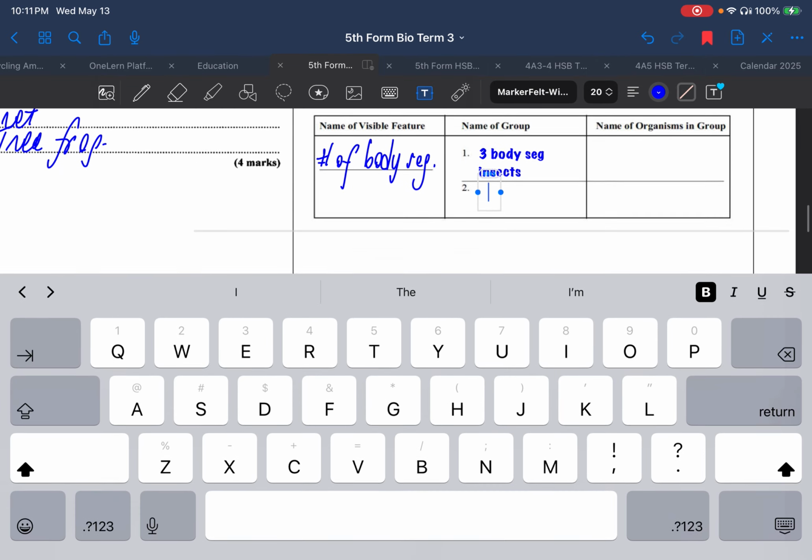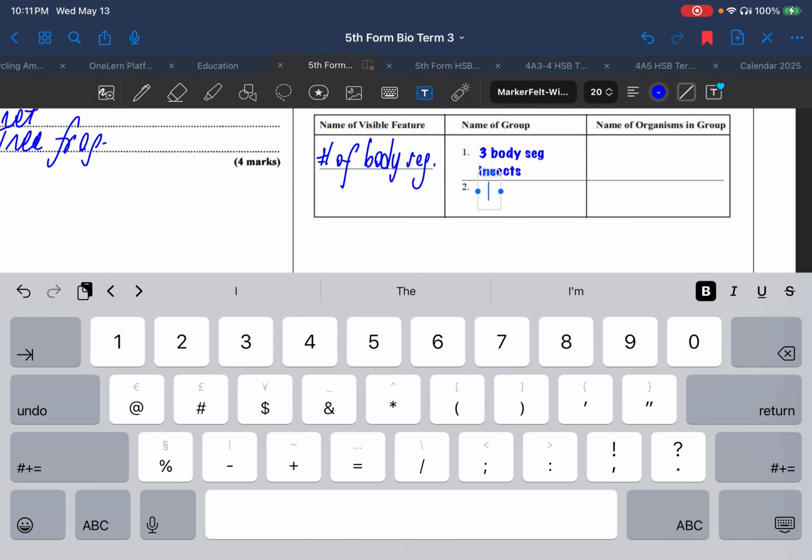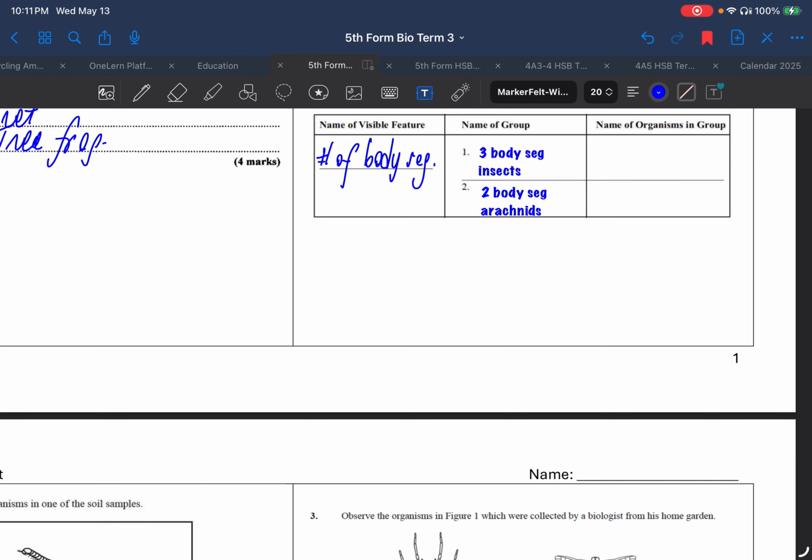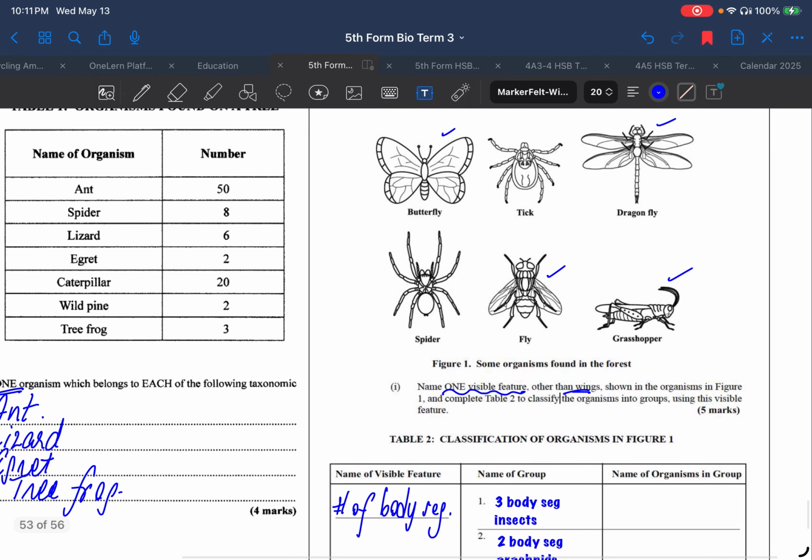And then the name of the group that goes with 2 body segments would be your arachnids. And then you put those that are present there.